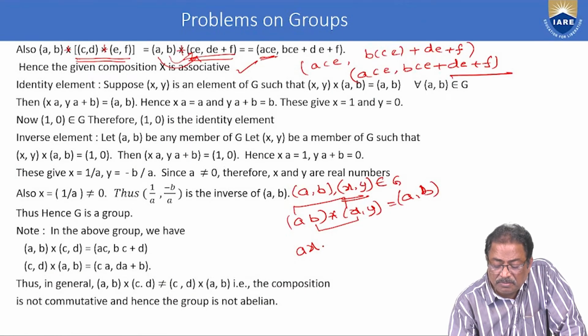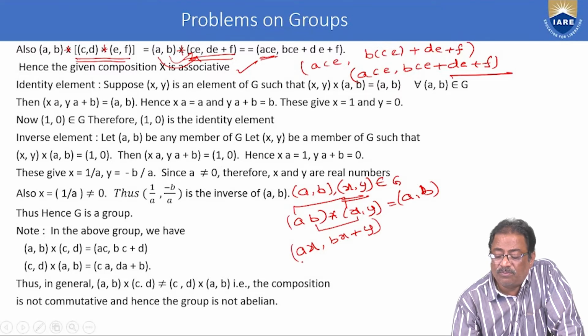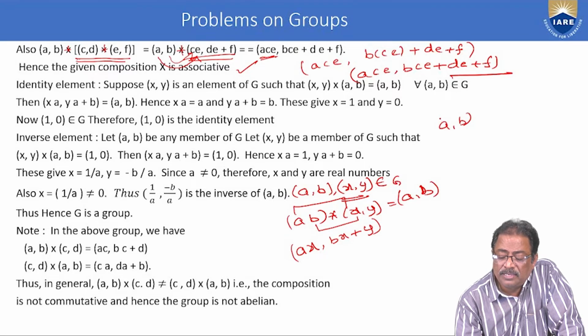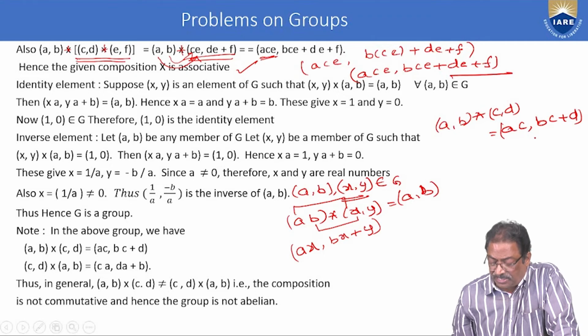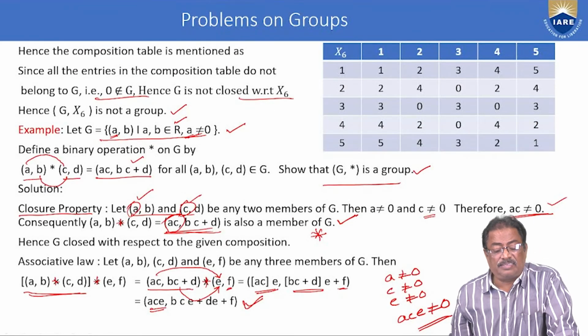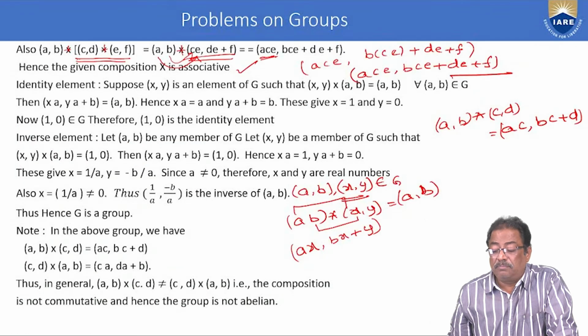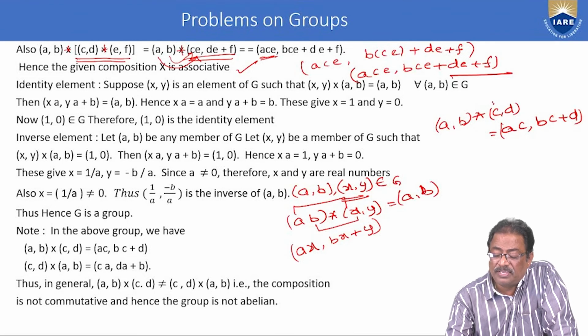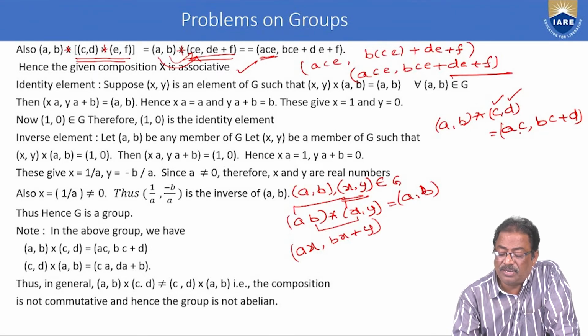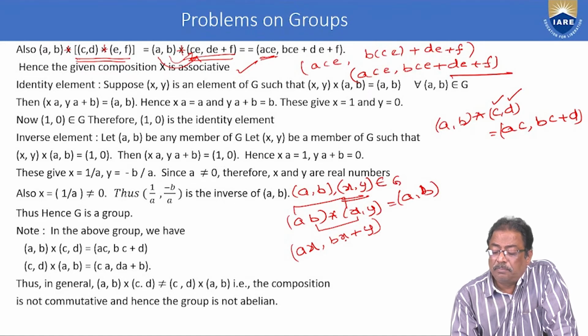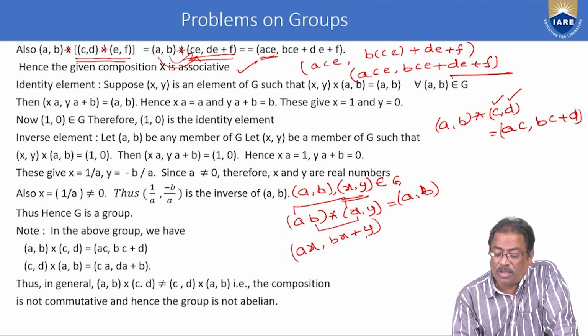BC means BX plus Y. The relation is (A, B) star (C, D), and it is defined as AC, BC plus D. So C is replaced with X and D is replaced with Y. So I am going to get it like this.